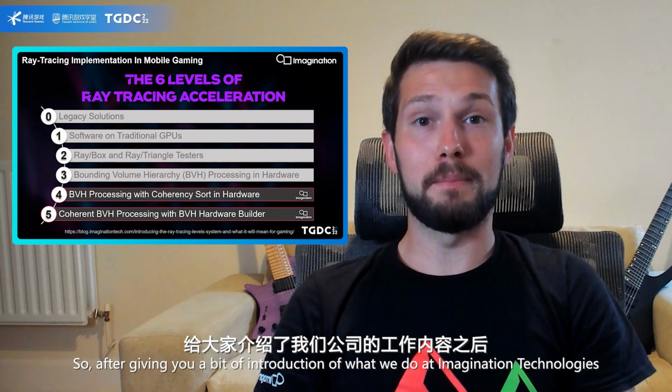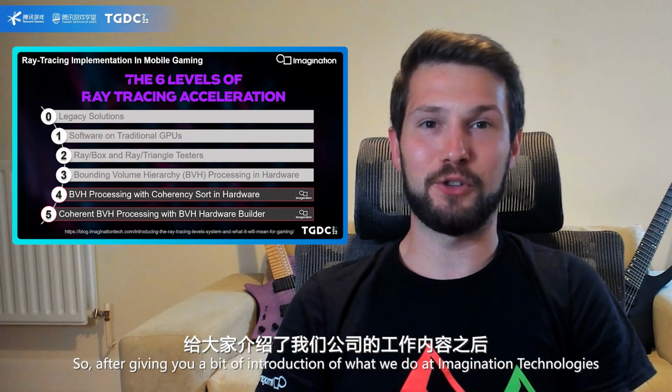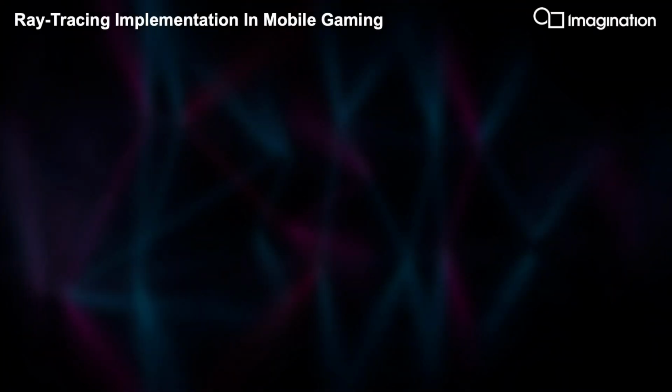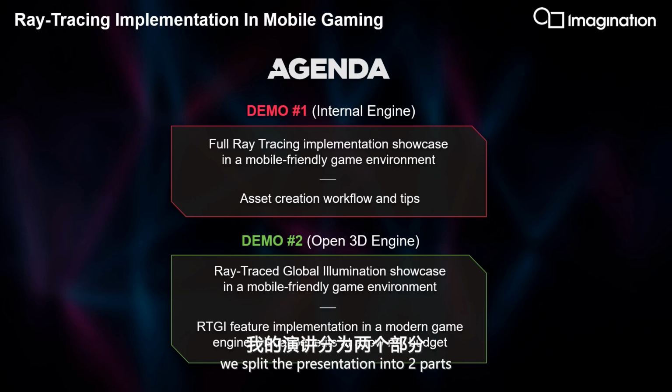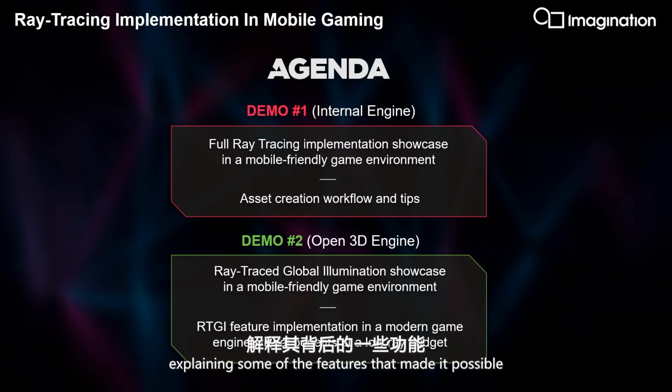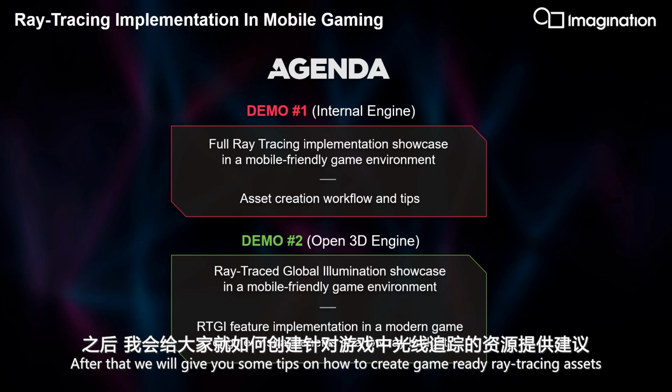So, after giving you a bit of introduction of what we do at Imagination Technologies, here's the agenda for the remainder of the session. We've split the presentation into two parts. I will firstly walk you through our full ray tracing implementation demo, explaining some of the features that made it possible. After that, I will give you some tips on how to create game-ready ray-traced assets.